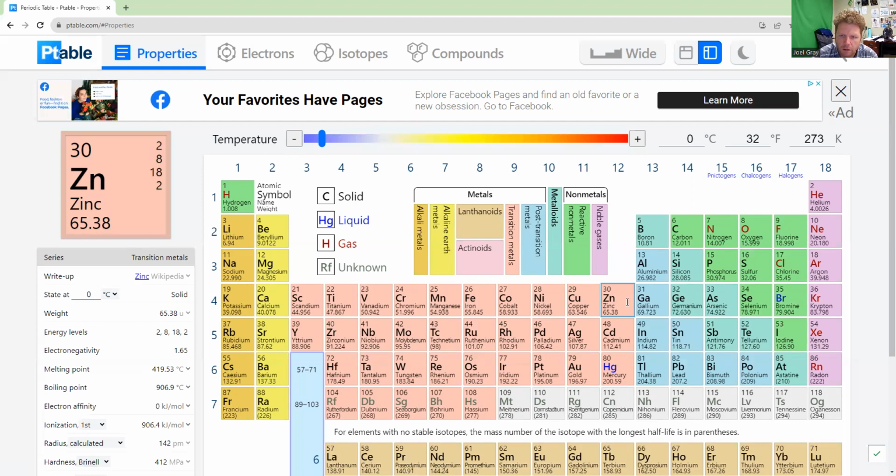We can plug that in there. So c is 3 times 10 to the 8th, divided by 0.2. That is our frequency, 1.5 times 10 to the 9th.